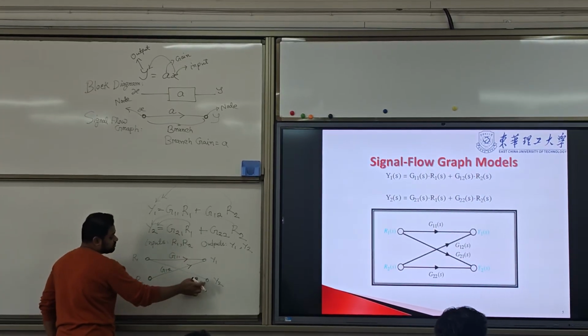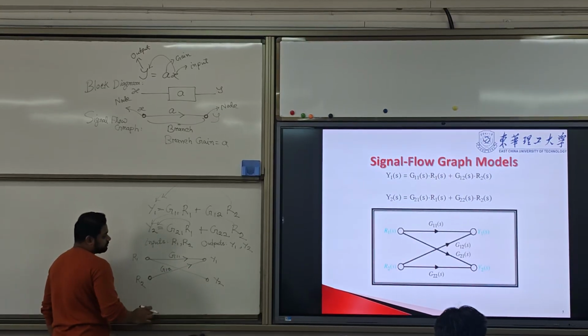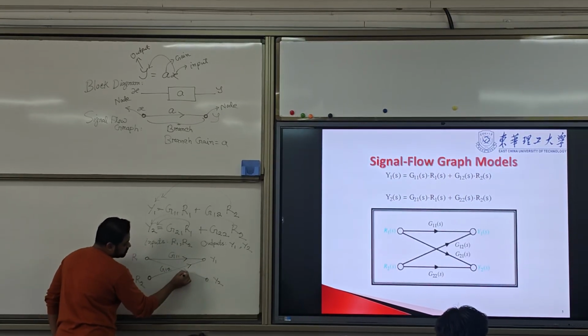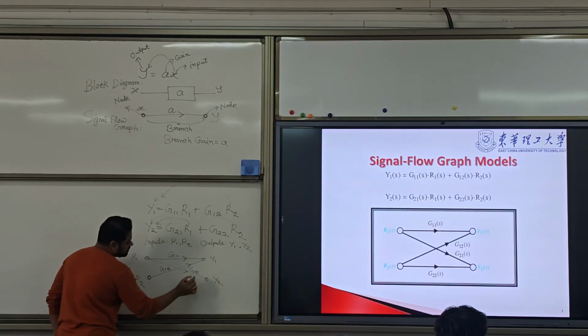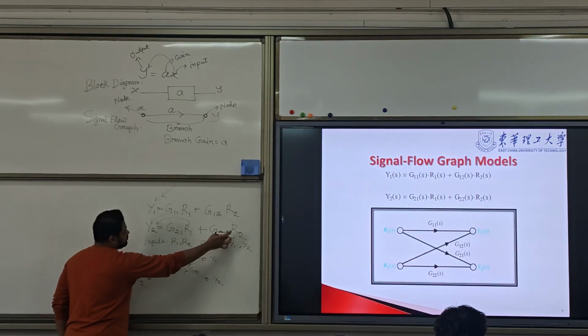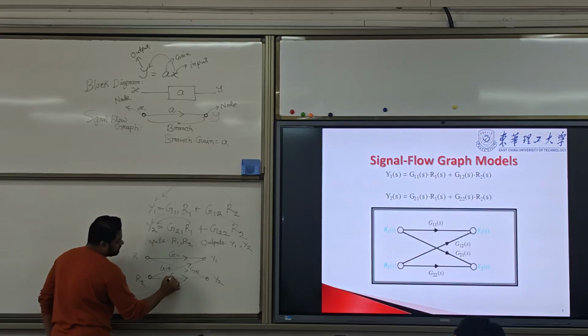Now R1 is flowing to Y2. The direction is this, and the gain is G21. And then R2 is flowing to Y2, and the direction is this, with the gain of G22.